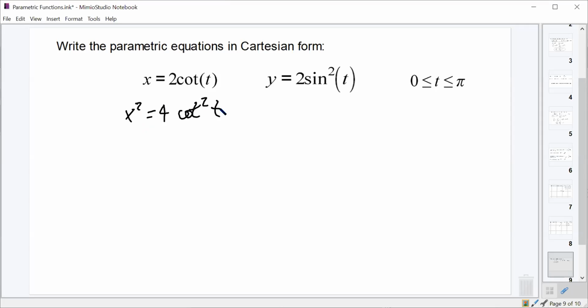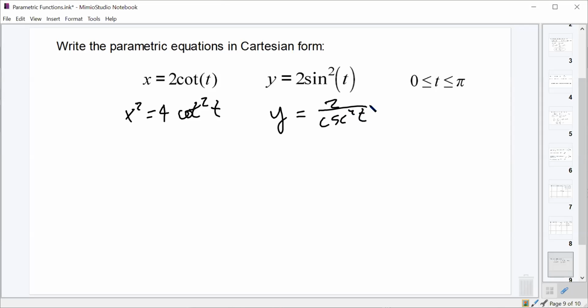And then I know that sine is equal to 1 over cosecant, so I put the other equation in the form y equals 2 over cosecant squared t.